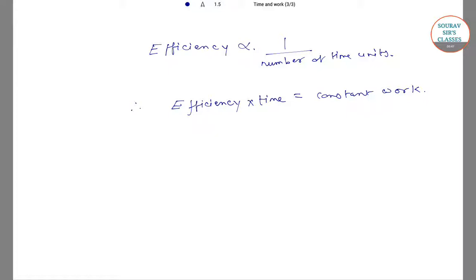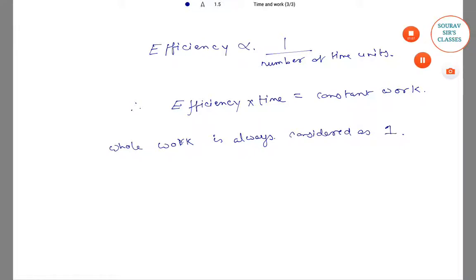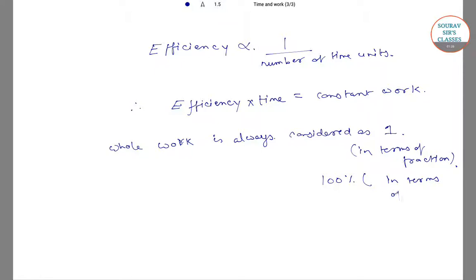The whole work is always considered as 1 when it is stated in terms of fraction, and 100% when taken in terms of percentage.